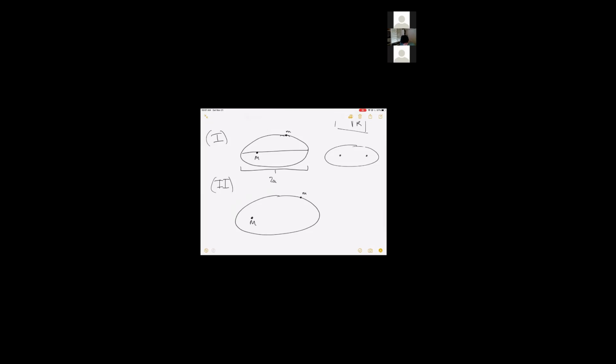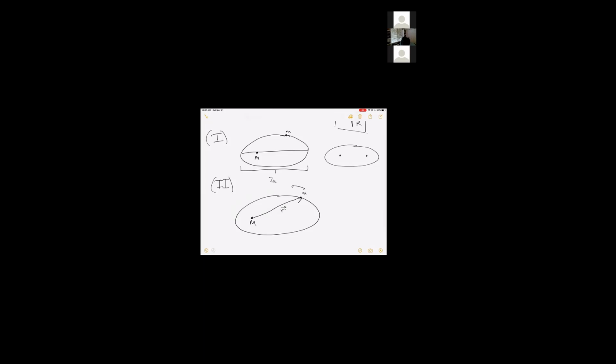So you can view this as a vector, right? I can view this as the position. If I view the sun as the origin, and I view the position of the little mass as a vector r, then as this mass is traveling in the ellipse, r sweeps out a trajectory.